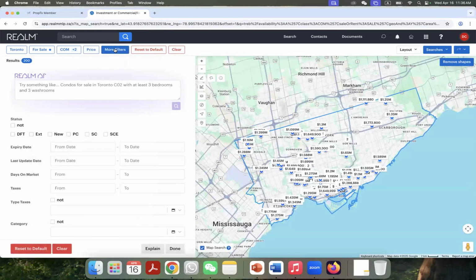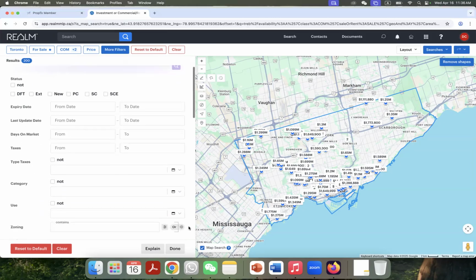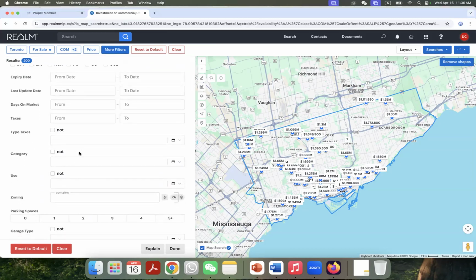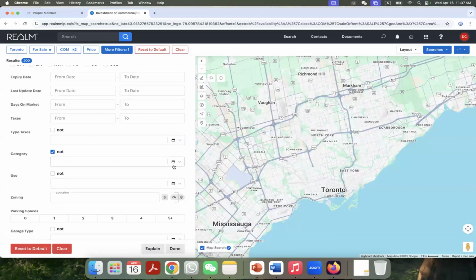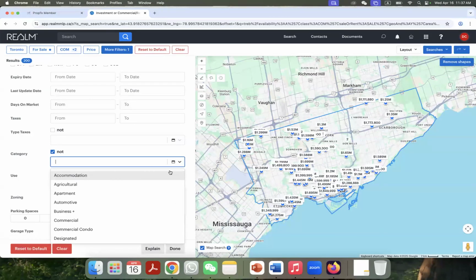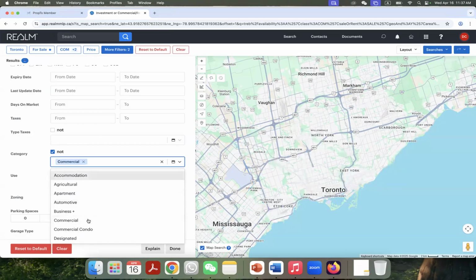If you want to do it again from here, whatever you need, you search the type of property and what's for sale. You can set everything, right? From here, the category, I said already. You can set only commercial.